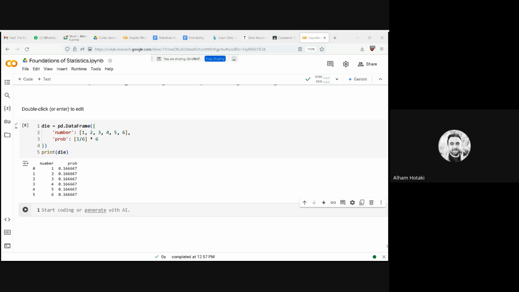Now let's roll this die 10 times. So if you roll the die 10 times, what will happen?